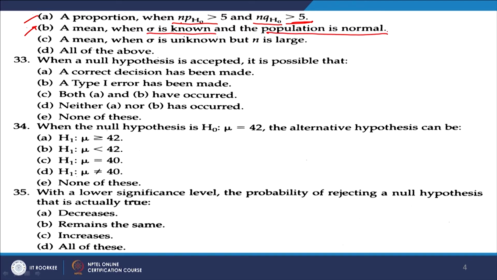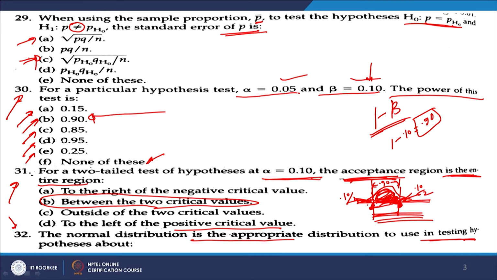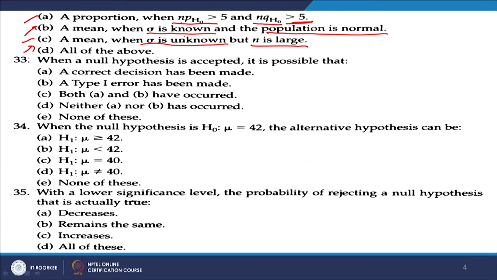Under which of these situations is the normal distribution appropriate? The third is a mean when the standard deviation is unknown but n is large, or all of the above. For application of the normal distribution you need all these conditions. So all these are correct, and the answer is D. Let us look at the next question.